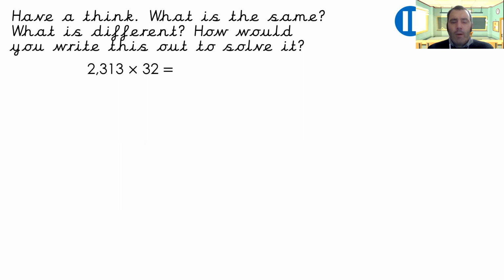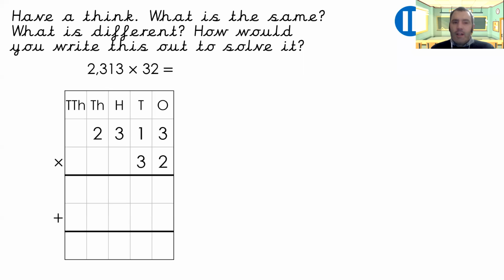So how do we lay it out? Exactly the same way as we did for our 2-digit multiplied by 2-digit numbers, 3-digit multiplied by 2-digit. All we're doing is putting the bigger number on top, smaller number underneath, and making sure that we pay attention to our place values. Certainly more important as the numbers are getting bigger that we keep to those place values.